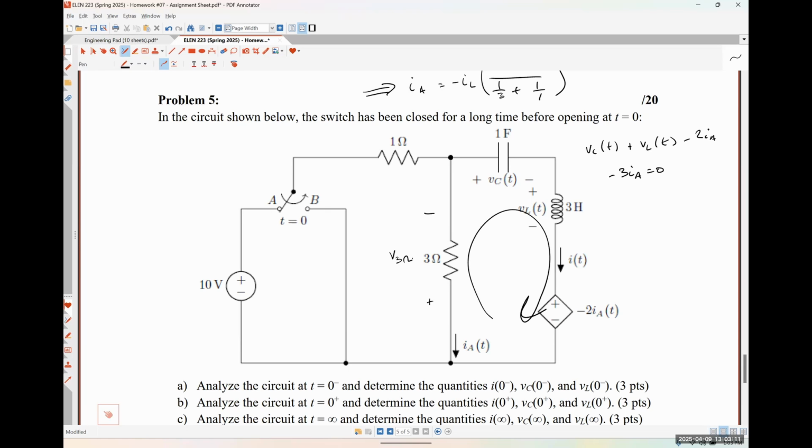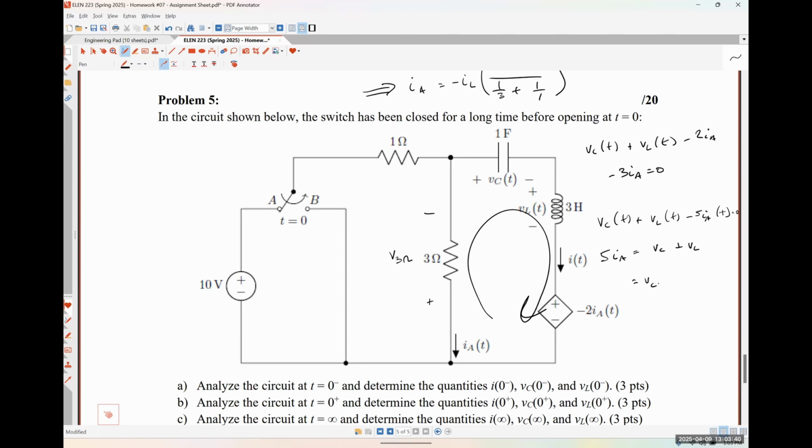Actually, hold on. So that would be VC plus VL minus 5IA is equal to 0, or 5IA is equal to VC plus VL.